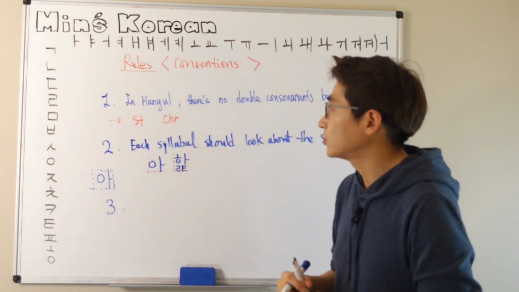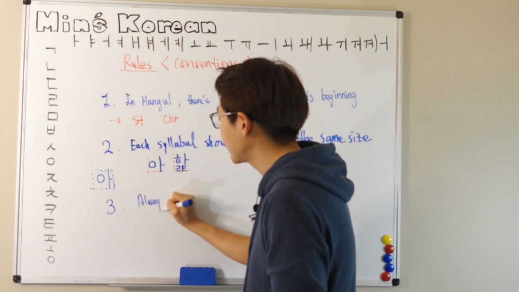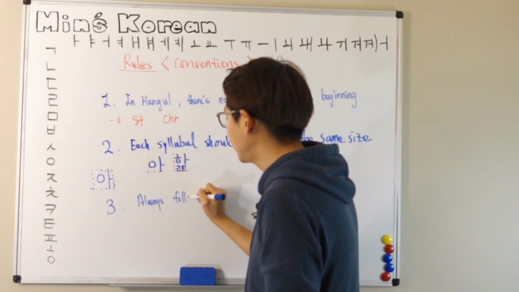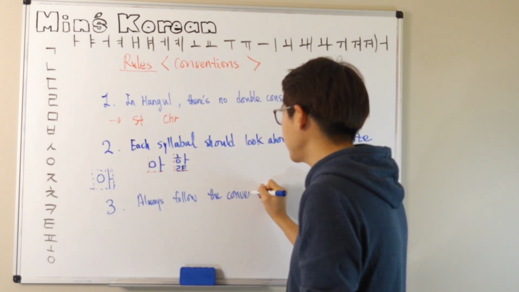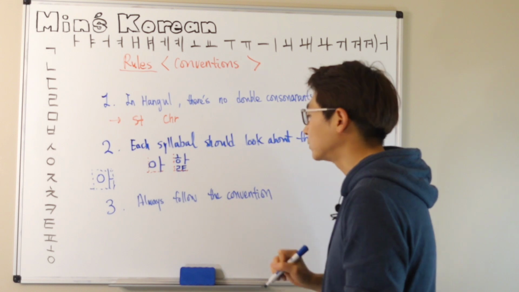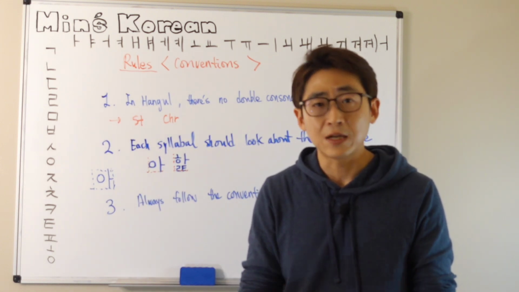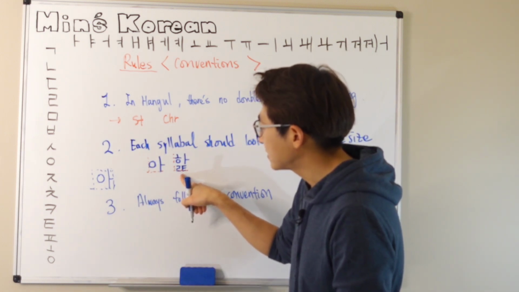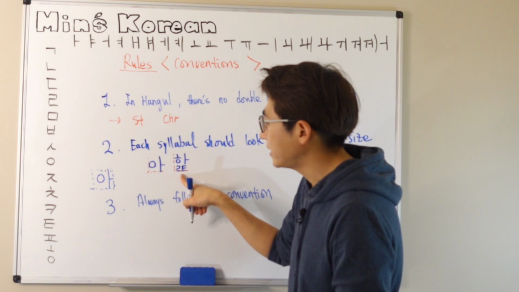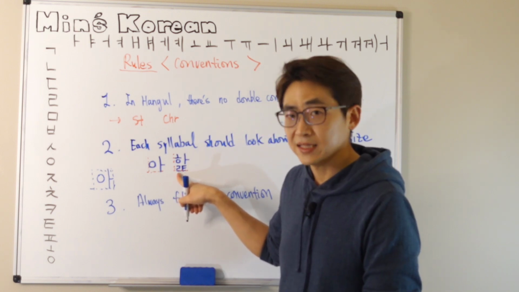Okay, and the third and foremost important rule is always follow the convention. So follow the rule. Don't just write whatever sounds like. Okay, just because this one sounds like har, you cannot just write it like a single real ending sound.